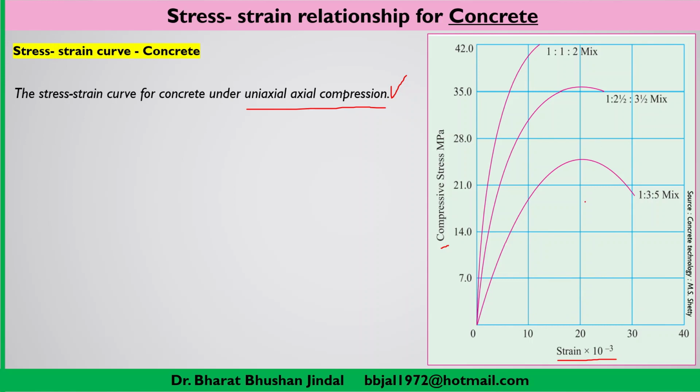concrete. Now you can see here there are three graphs we have shown, and each graph belongs to a different grade of concrete. So a different type of mix is under consideration. Now you can see this graph number 1.